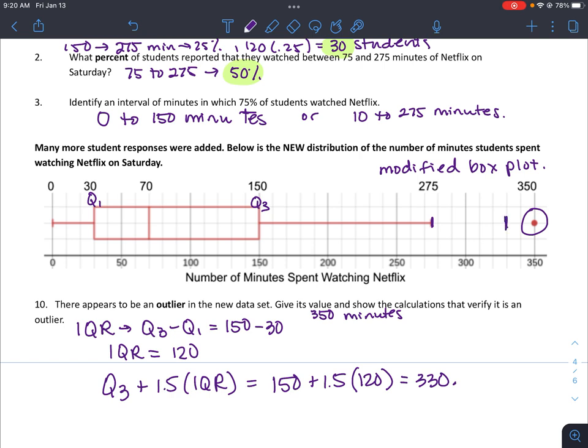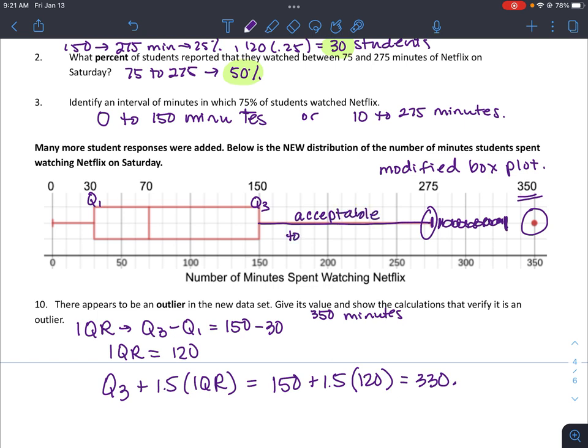They didn't extend the whisker all the way to here because our last bit of data, besides this 350 point, extended from Q3 up to 275.